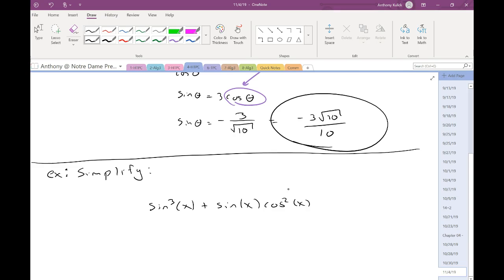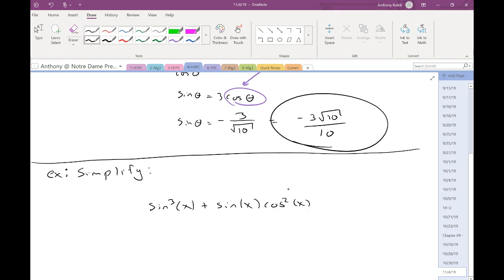It has sine cubed, and there's the first term, and the second term is sine x times cosine squared. The first term has one factor. It has sine 3 times, but still just the sine. The second term has sine and cosine, so it has 2 factors. Do you guys see that?